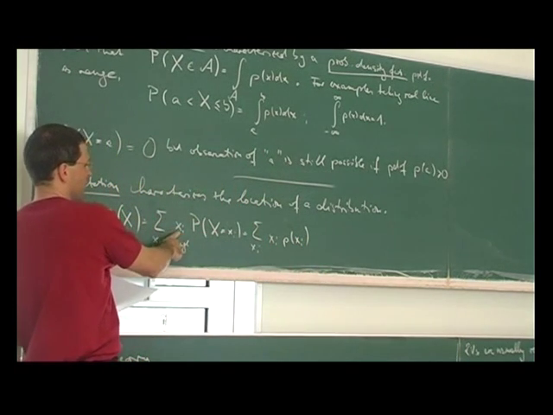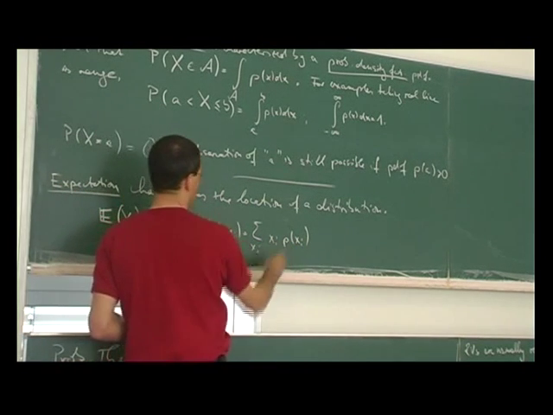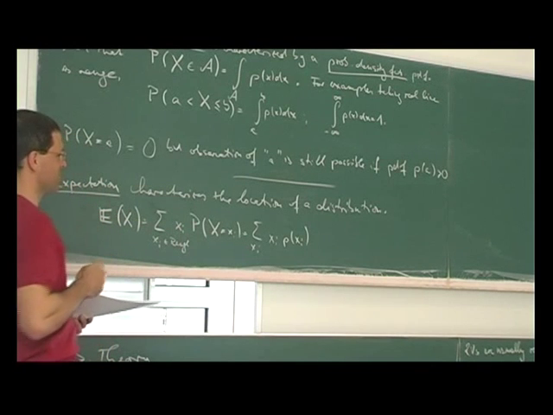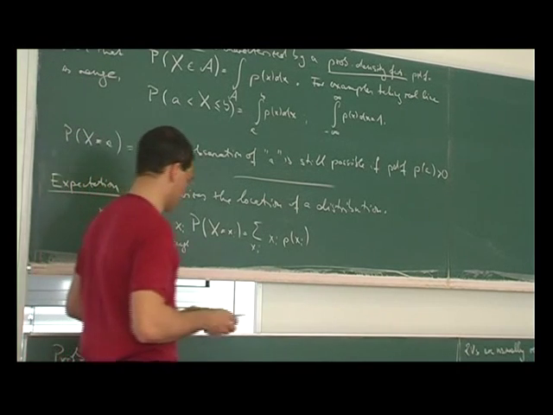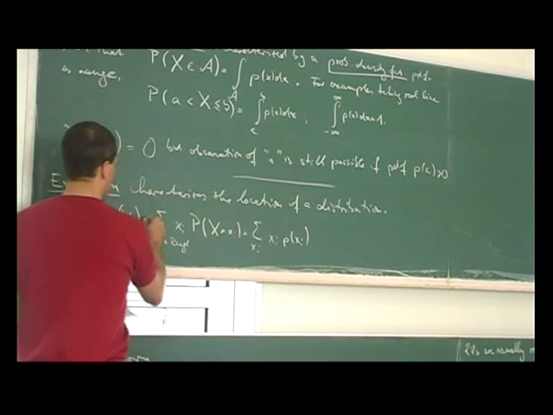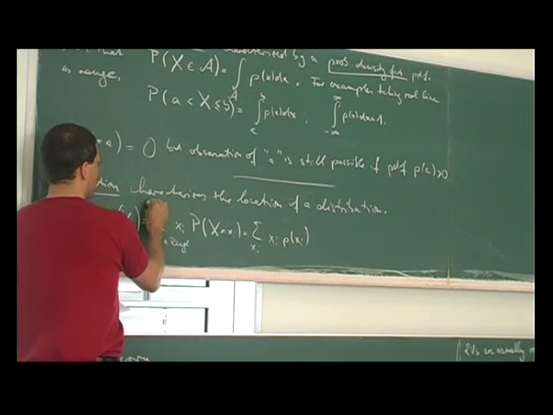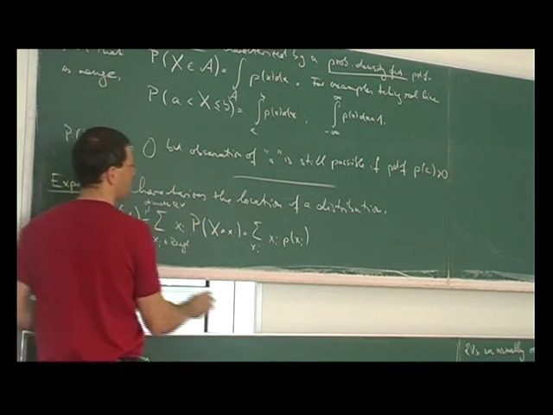So this is a small letter, this is a large letter, this is a small letter. Small, small, large. Okay, just to make the distinction between a random variable and its realization. And this equality holds if we're looking at a discrete random variable.